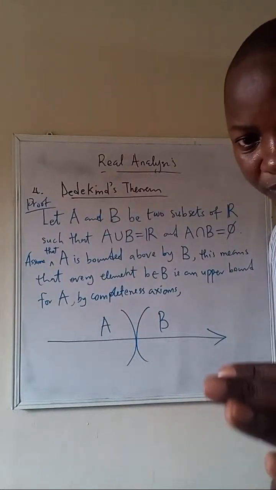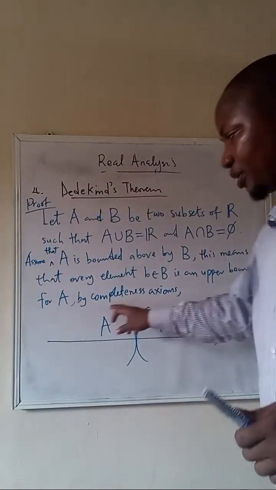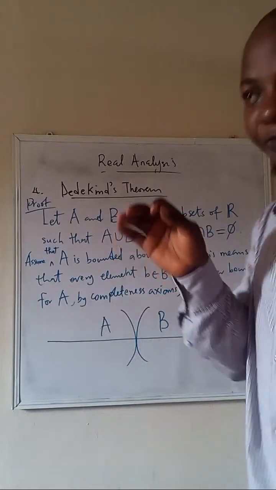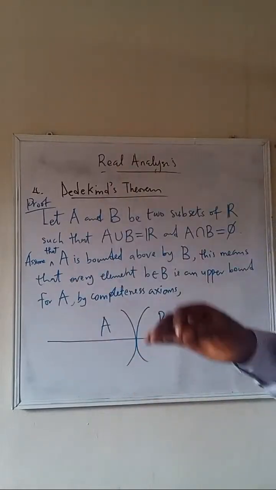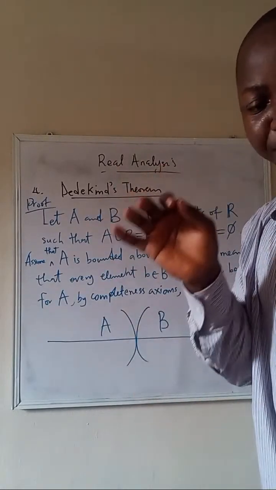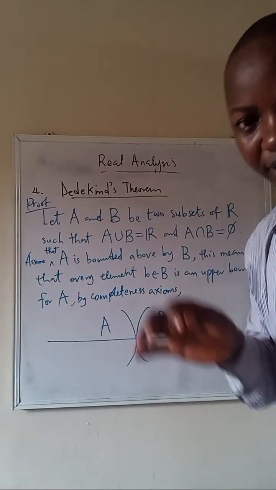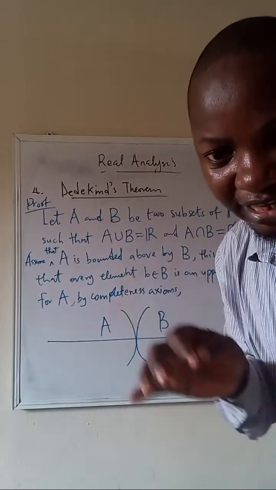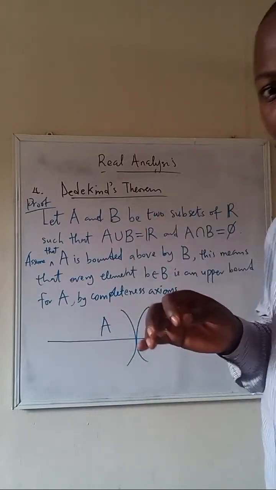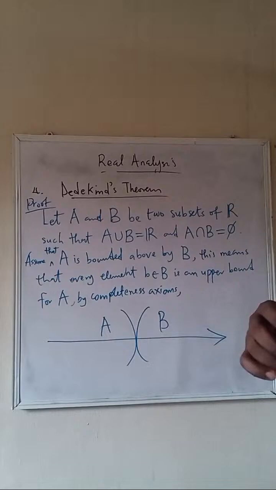So if this happens, by the completeness axiom, if we have an upper bound, there must be a least member among them, and that least member is called the supremum, and that's what we discussed in our last class.